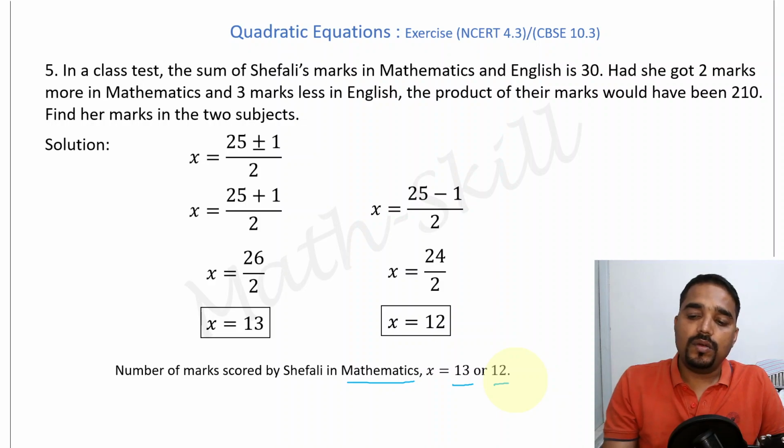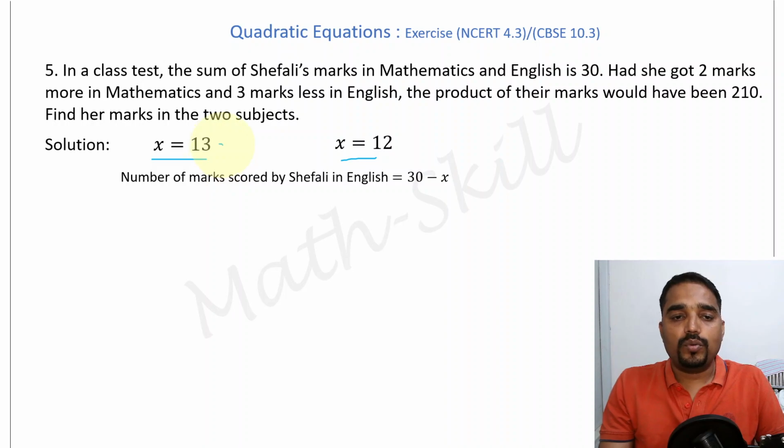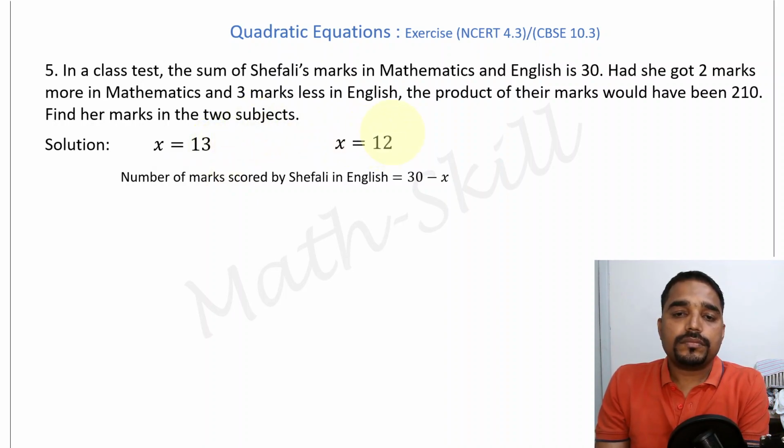Now let us find out the number of marks she has scored in English, because there are two cases here, x is equal to 13 and x is equal to 12. Both have to be considered while finding the number of marks in English. That is, the number of marks in English is equal to 30 minus x. If x is equal to 13, then the number of marks scored by Shefali in English would be 30 minus 13, which is 17 marks.